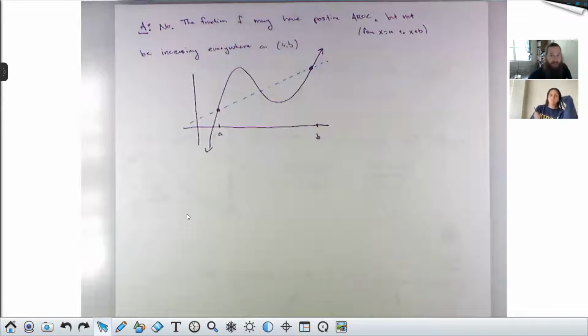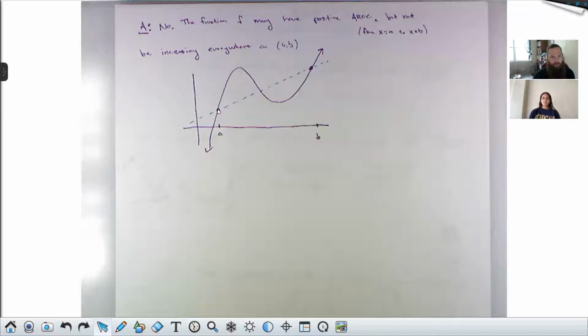So what is the most we can say? We can say if your average rate of change is positive, then you've done more increasing than decreasing from A to B. That's about it. And the other way around, just change positive to negative, increasing to decreasing. If your average rate of change is negative, then we can say you've gone down more than you've gone up, but we can't say that you must have gone only down.